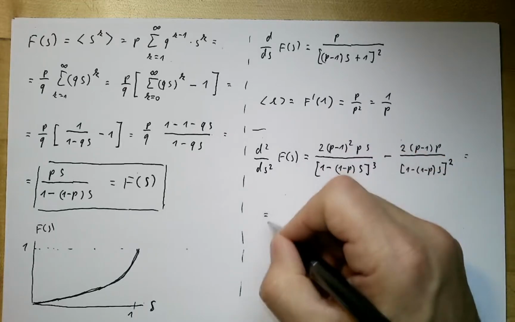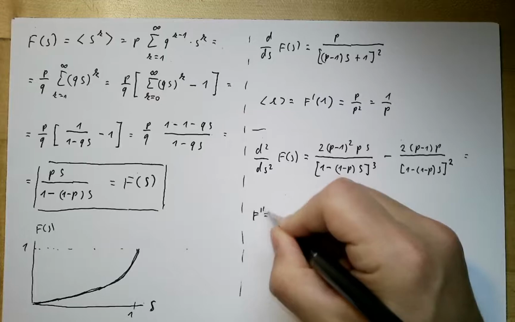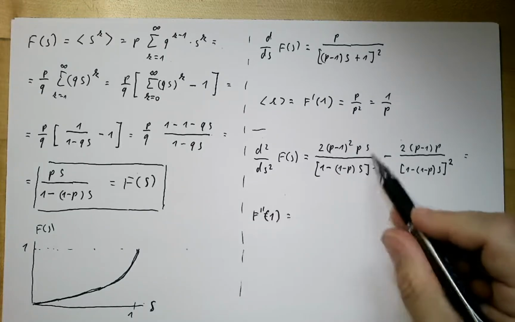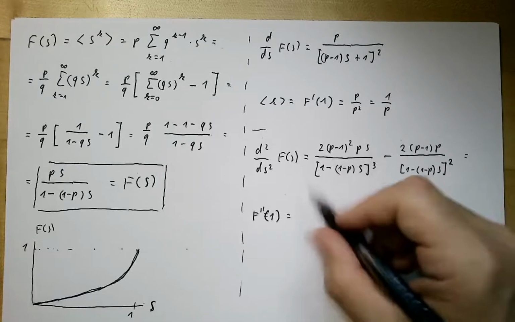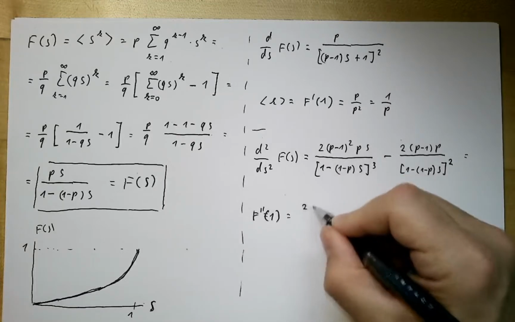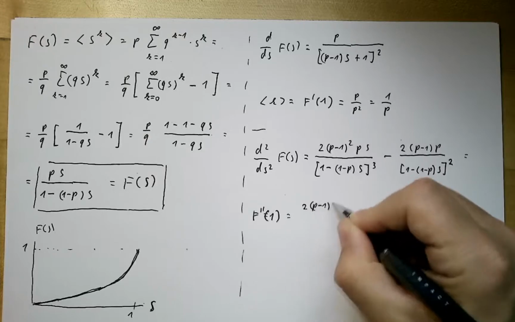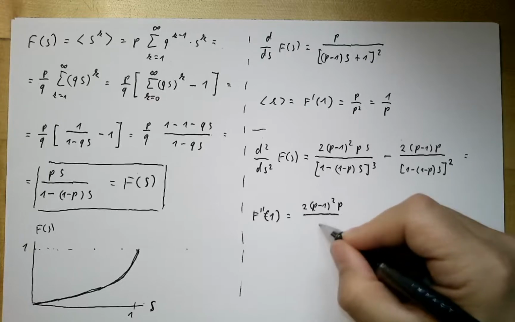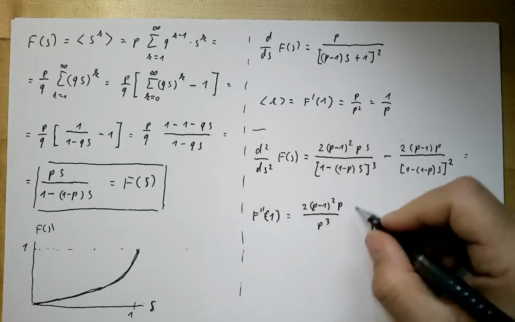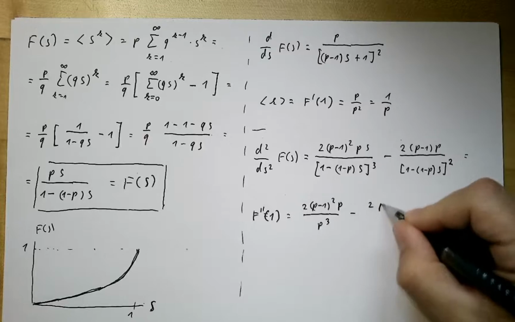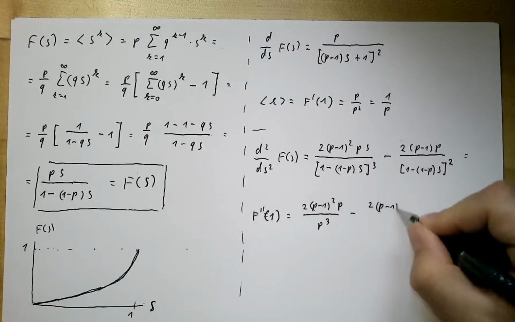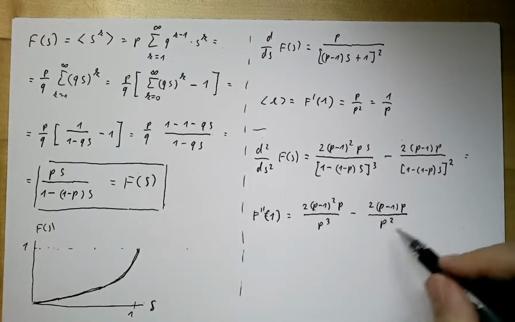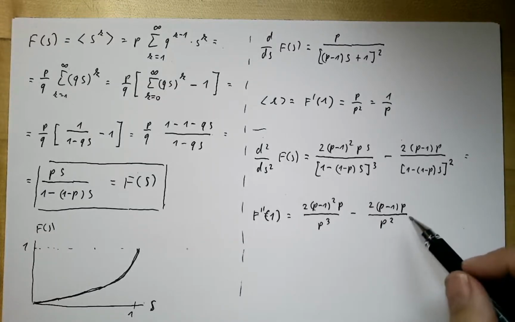So let's look at the second derivative at position 1. We have to plug in 1 for s, then this gets even shorter: 2 (p minus 1) squared p, and here we're left with p to the power 3, minus 2 (p minus 1) p over p to the power 2.